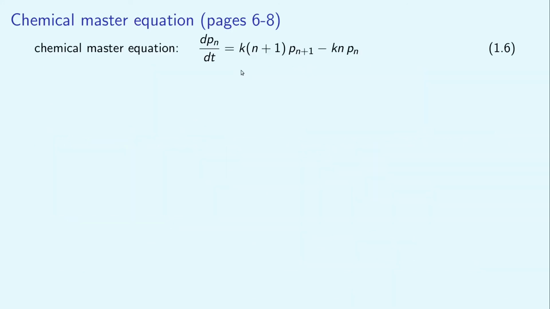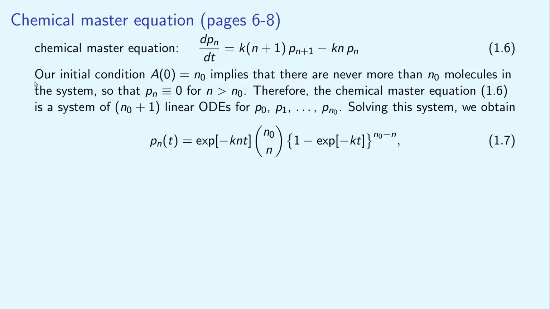The chemical master equation looks like an infinite system of ordinary differential equations, ODEs, for Pn, where n is a non-negative integer. However, our initial condition A0 equal to n0 implies that there are never more than n0 molecules in the system, so that Pn is identically equal to 0 for n greater than n0.